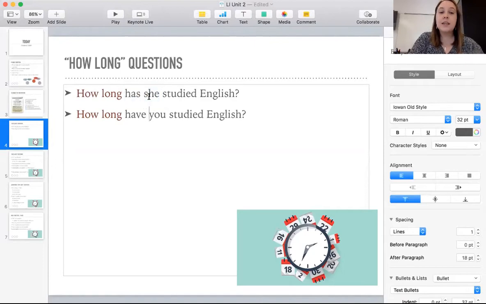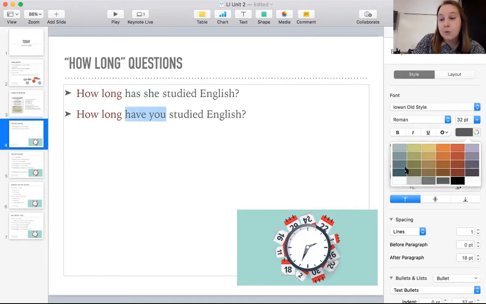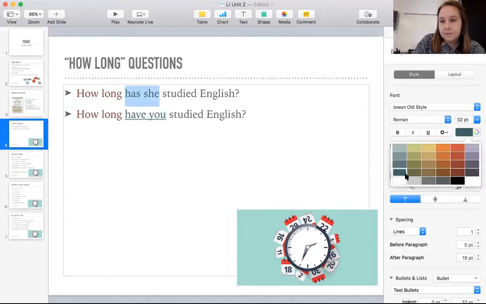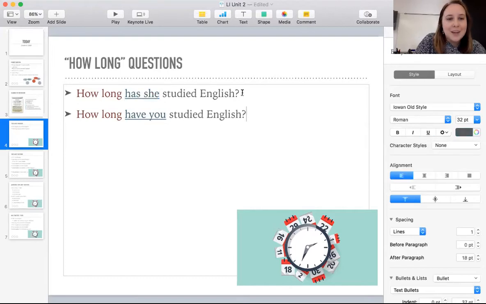What is the difference between these two sentences? Good, so it's this middle part. This one says, has she? And this one says, have you? Let me underline it so you can see it really clearly. There we go. How long has she studied English? How long have you studied English?